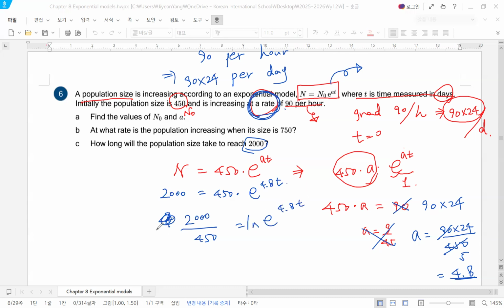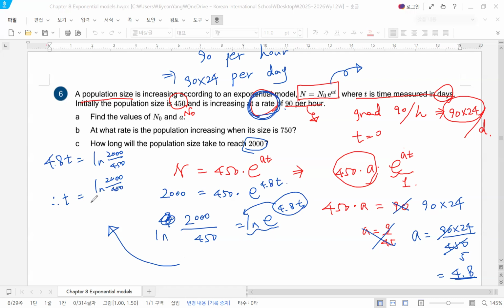Put ln on each side, move this to the front, and ln e is 1, therefore 4.8t equals ln of 2,000 over 450. Therefore, t equals ln of 2,000 over 450 divided by 4.8. I'm not going to calculate it. You should calculate it by yourself using your calculator.